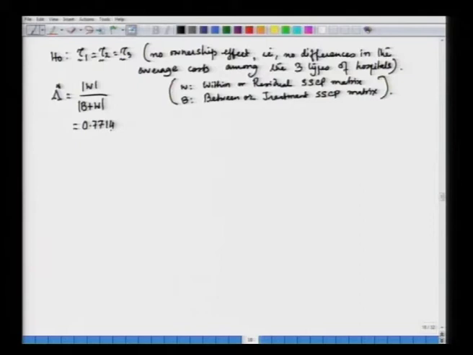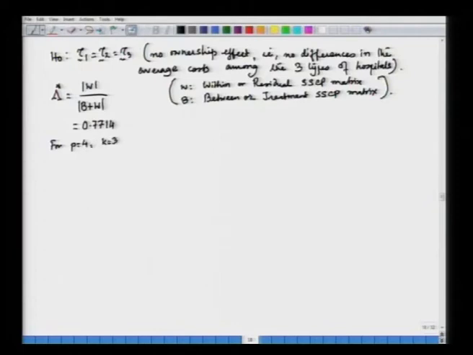All I have to do is calculate the determinant of two 4 by 4 matrices. Here the data dimensionality p is 4 and k, the number of groups, is 3.